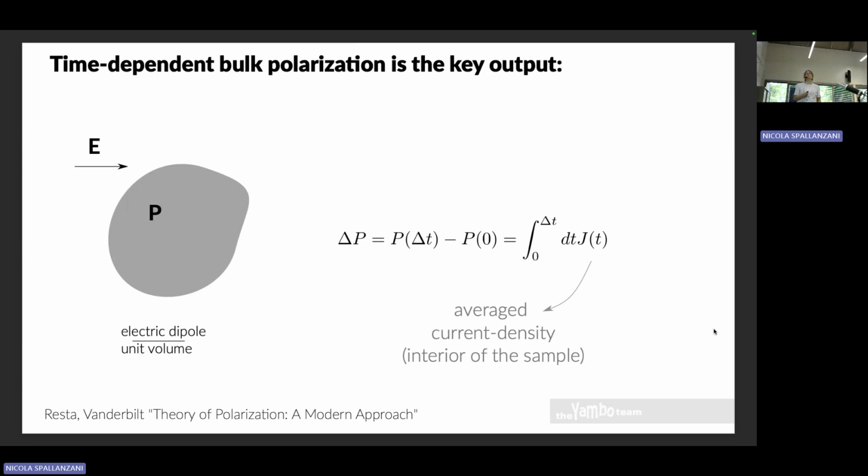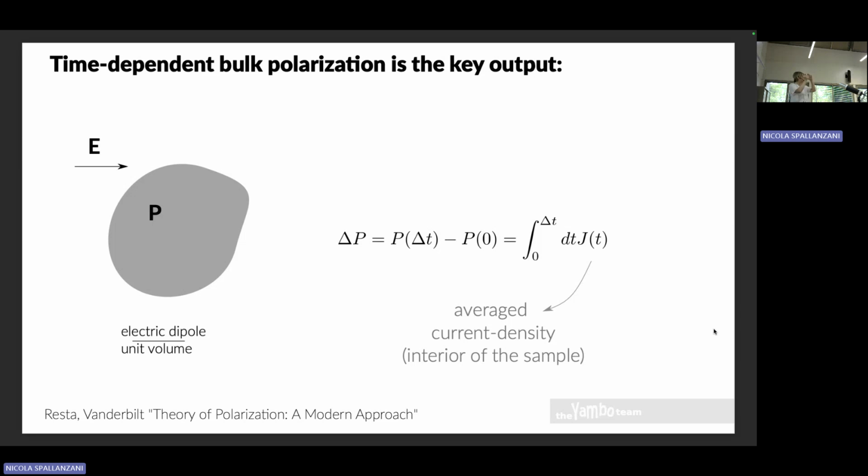So you just take the average current density of a sample, you integrate over some time, and then you have the difference in polarization between the two times. So one thing is how to calculate bulk polarization.